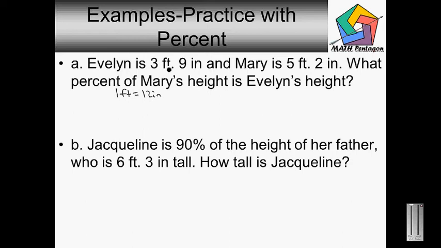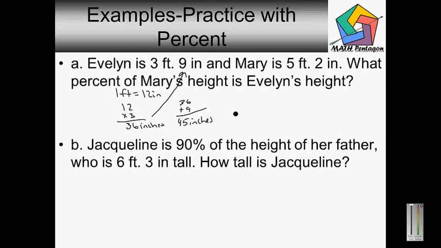So what I do is 12 times 3, which is the 3 feet. So 12 times 3 is 36. So I have 36 inches, plus the 9 left over. So 36 plus 9 is going to give me 45. So I have 45 inches. So Evelyn is now 45 inches.